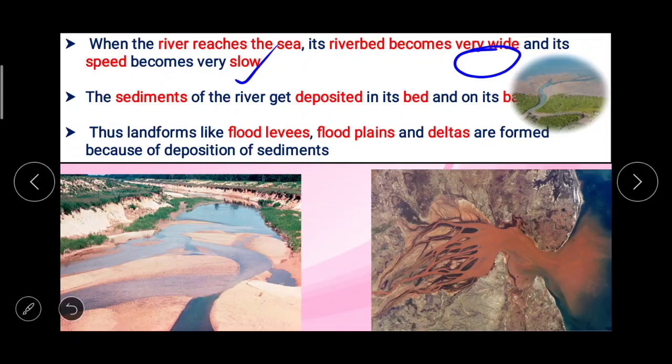The sediments of the river get deposited in its bed and on its banks. Thus, the landforms like floodplains and deltas are formed because of deposition of sediments.